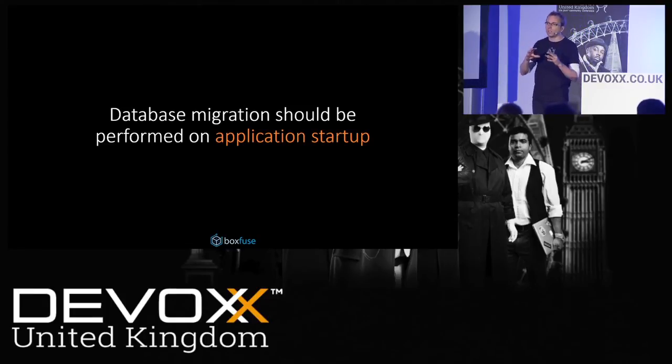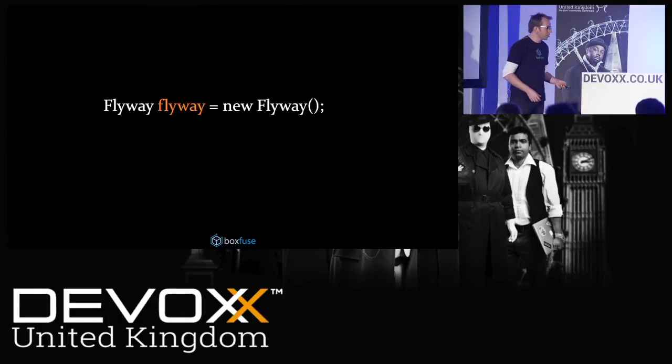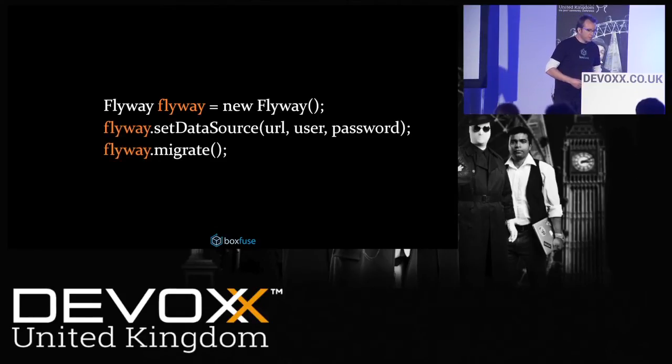Just package all your database migrations with your application and execute Flyway programmatically on application startup. So, as we said, very easy interface, just 3 lines. That's all you need to include on startup in your main method, or on some servlet listener, or whatever you choose to use there. Just very simple, and that all just works for you.